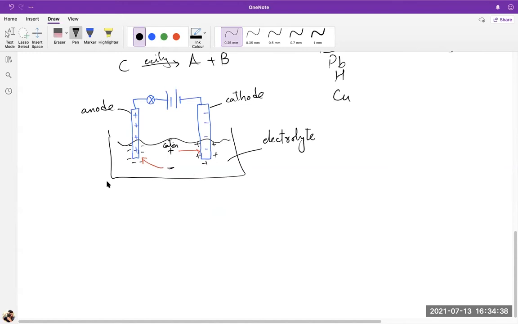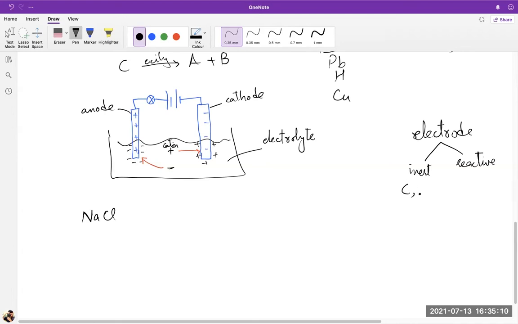So let's take an example and see what will happen. I have sodium chloride. But what do I want my rods to be made of? My rods can be anything that conducts electricity. So I can have graphite or I can have a metal. I will prefer graphite because graphite is inert. These rods, which I call electrodes, basically electric rods, can be inert, which means they don't react, or they can be reactive, which means they do react.